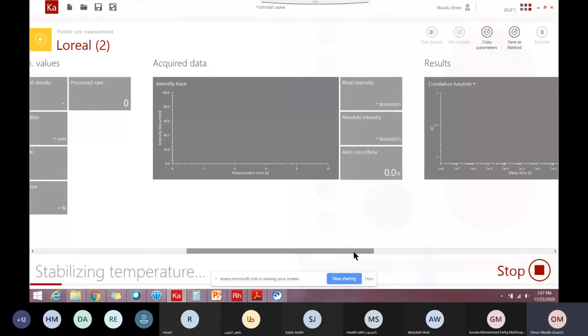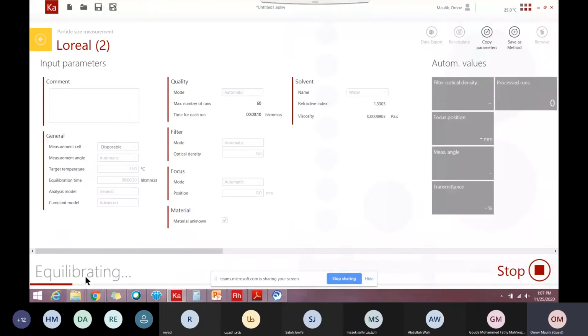After stabilizing the temperature, it has now stabilized the temperature to 25. Now it will equilibrate for 30 seconds, and then it will start the measurement. Then it will adjust the focus, and after adjusting the focus, it will start the measurement.